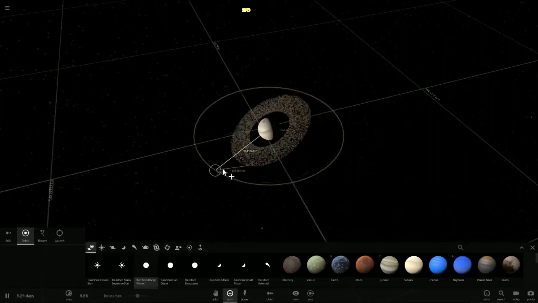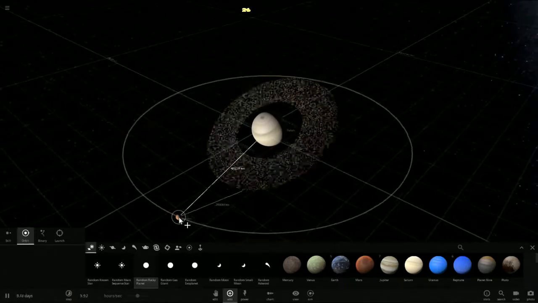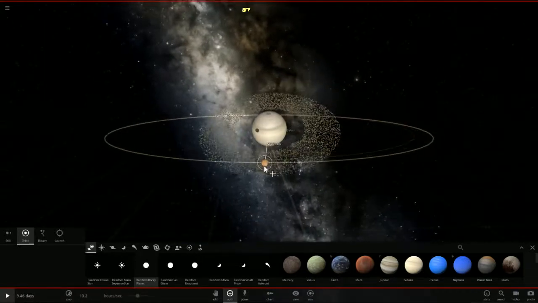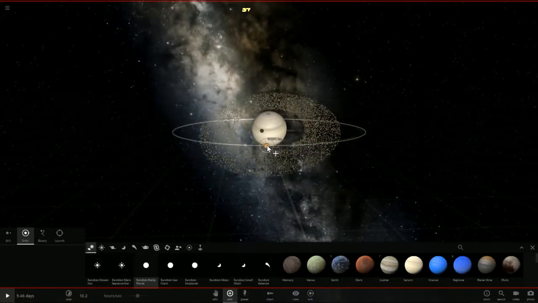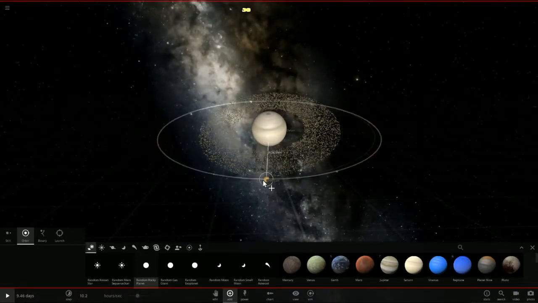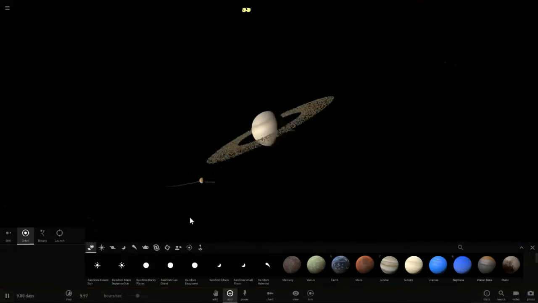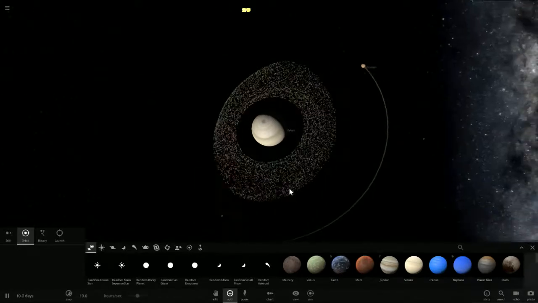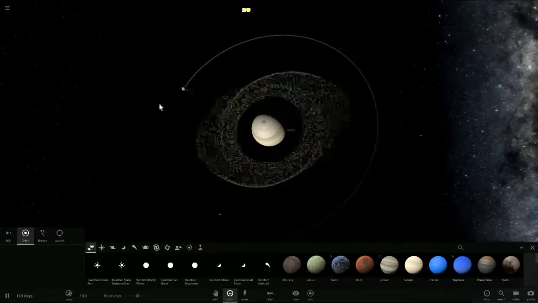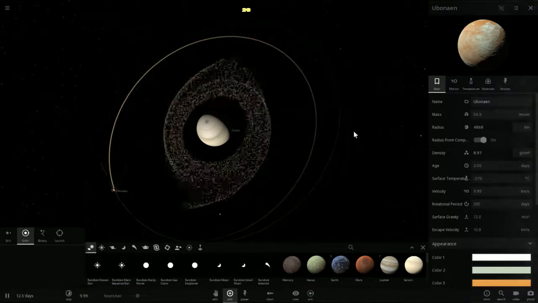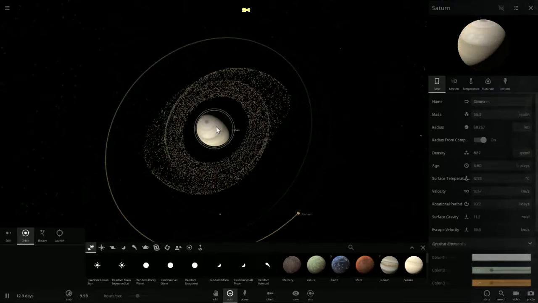If there isn't a really big object, say around here, then it's not going to be able to stabilize the system.